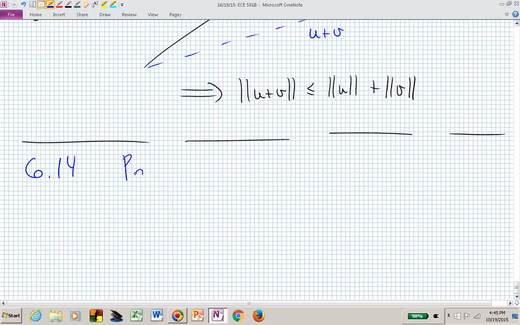Another relationship, which is called the parallelogram equality. Not inequality, but equality.